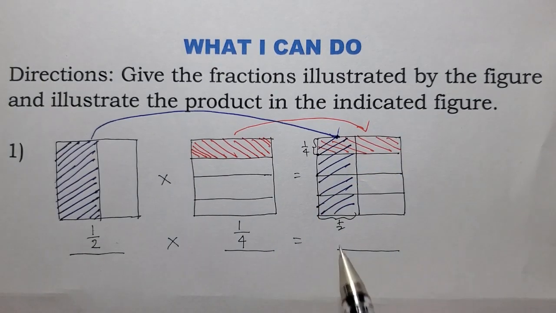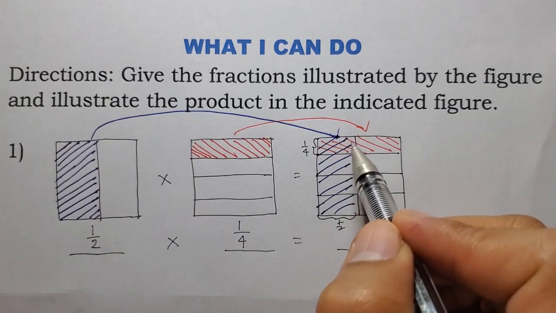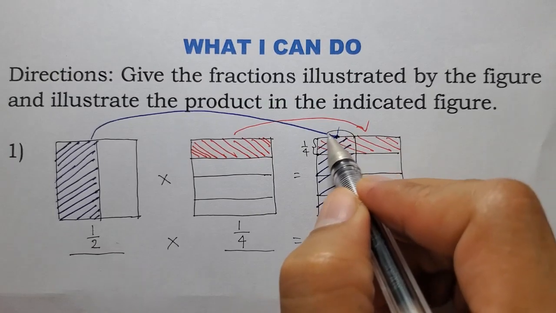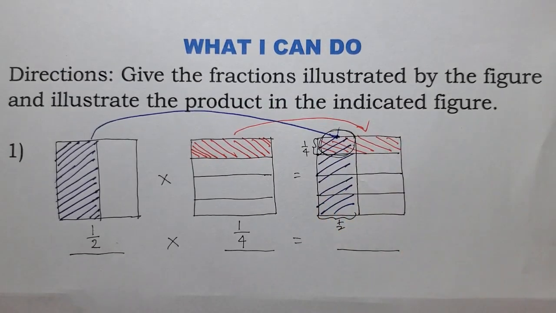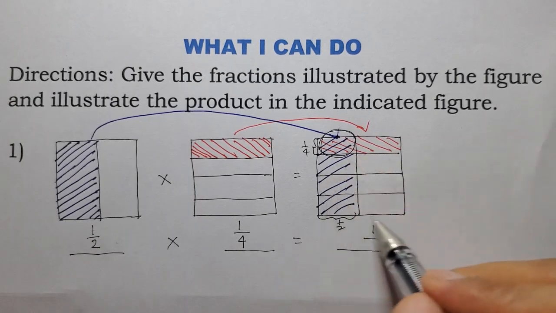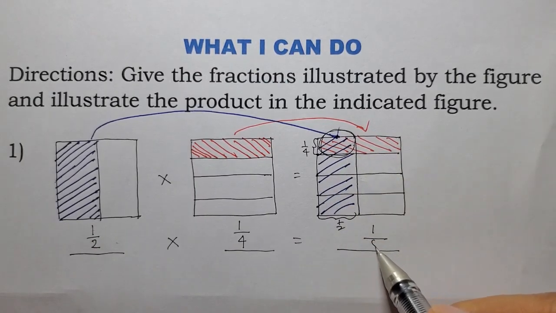If you multiply 1/2 and 1/4, the part shaded twice is only this portion. That's just one portion out of the whole, which is divided into 8 equal parts. So the correct answer is 1/8.